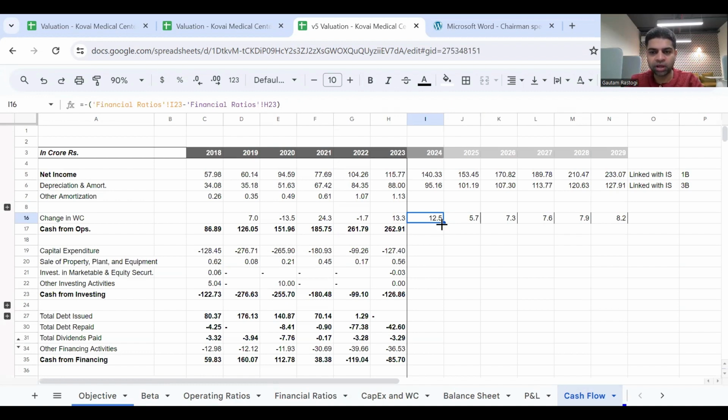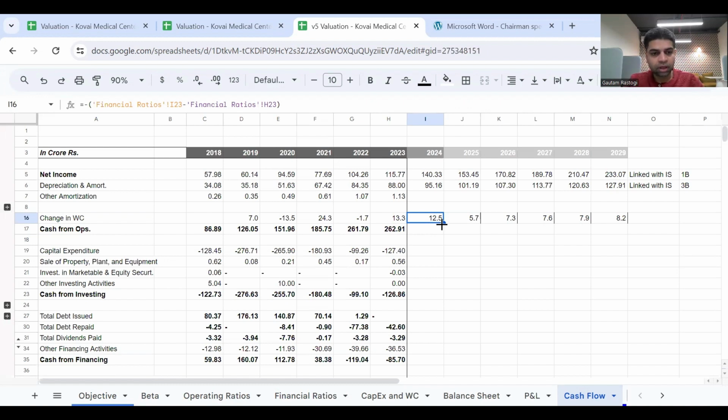If the firm was actually facing a working capital problem, if they were pressed for cash, if they had large receivables, if they had large inventory, if they had small payables, or if they were paying the suppliers on time and not getting payments from their customers fast enough and they had a huge inventory, then it would have been reverse.